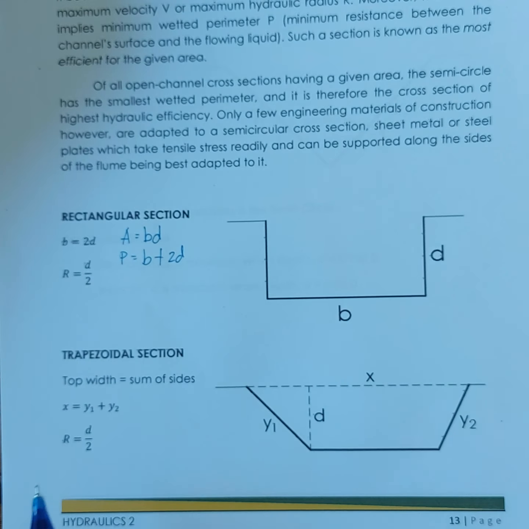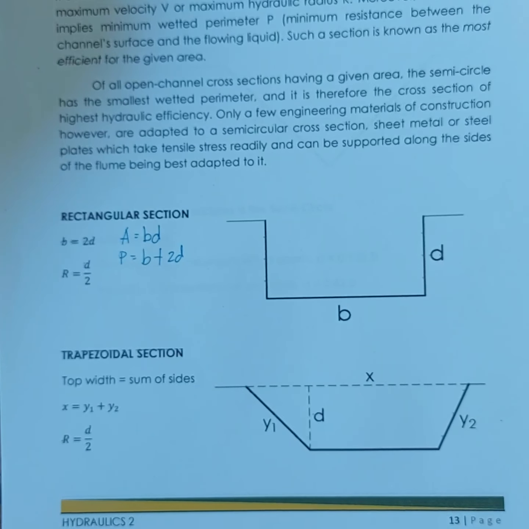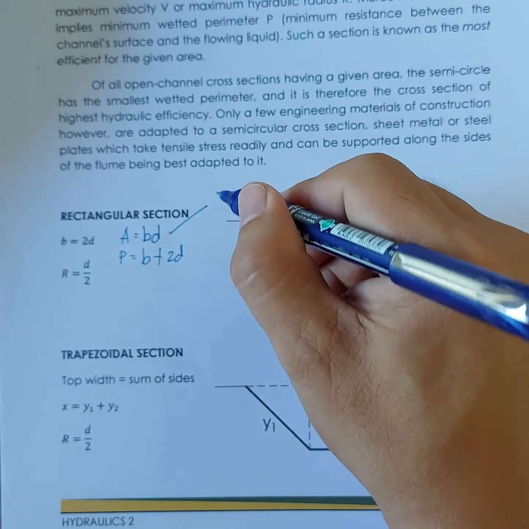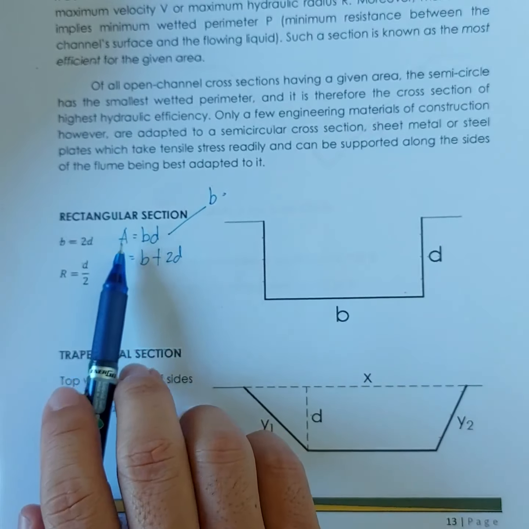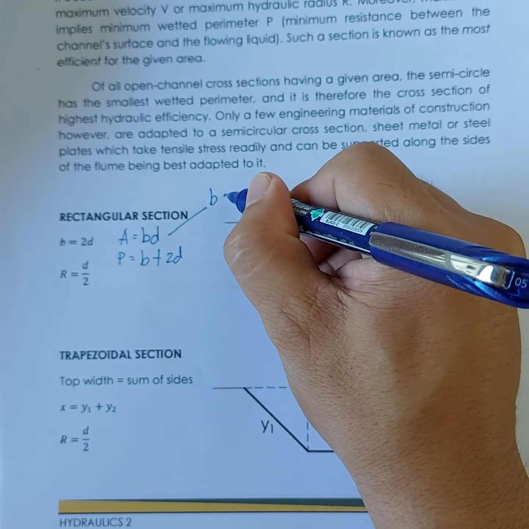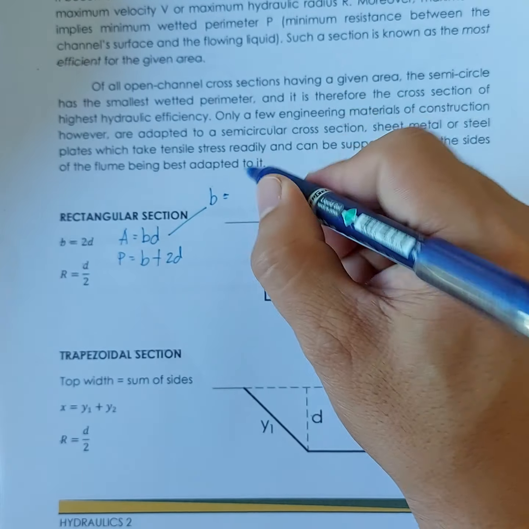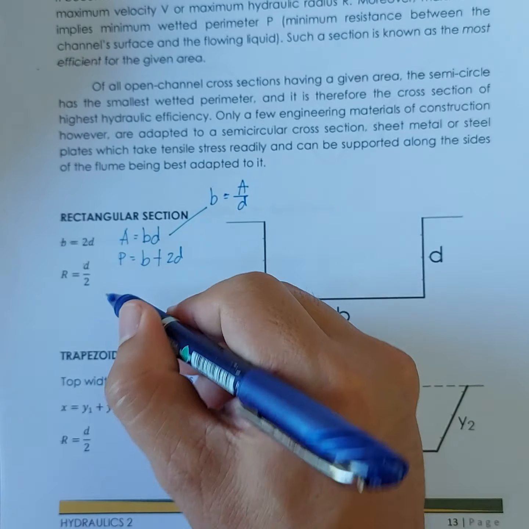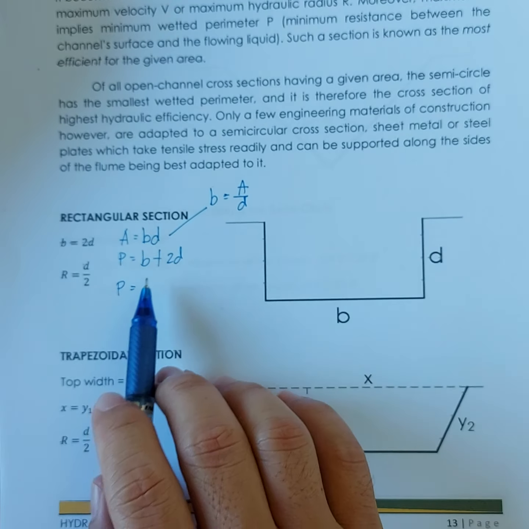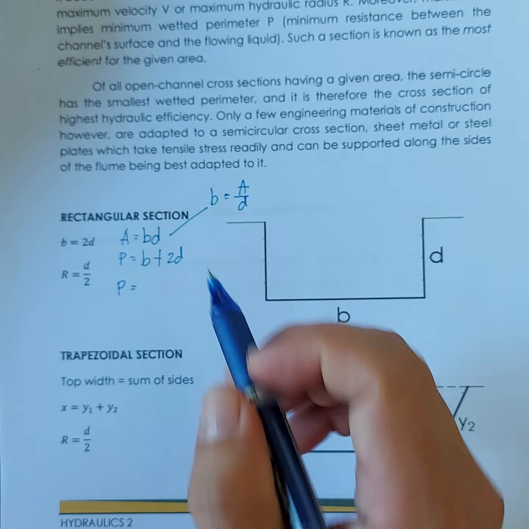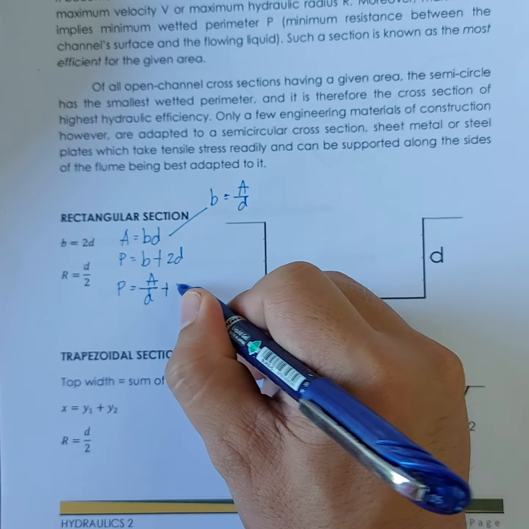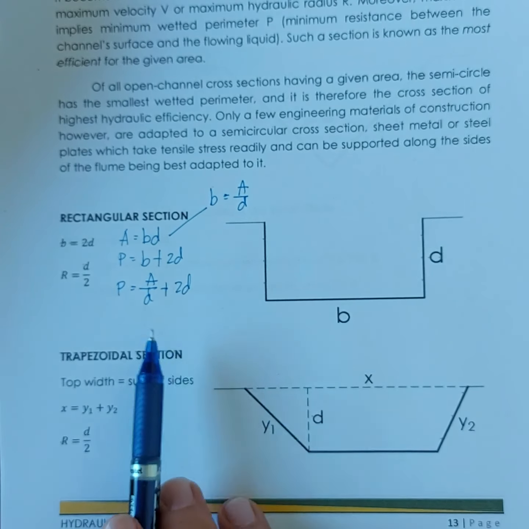With that, we know that b from this formula is equal to A over d. Then substituting the value of b in terms of d, the wetted perimeter is A over d plus 2d.